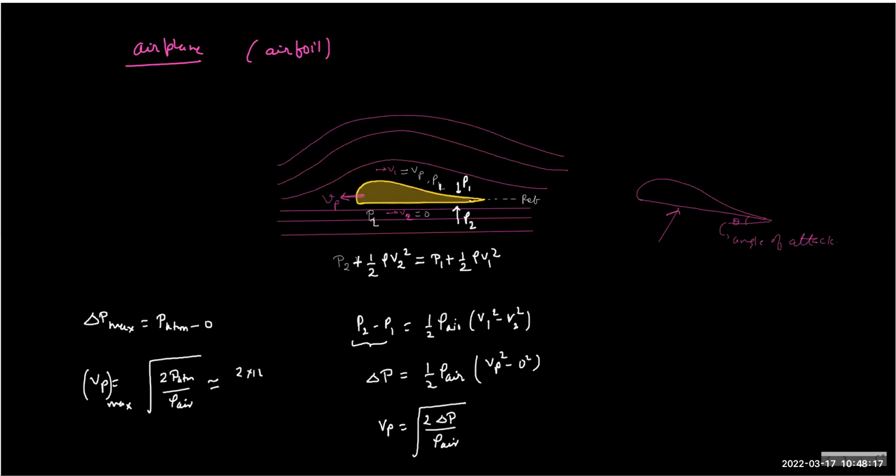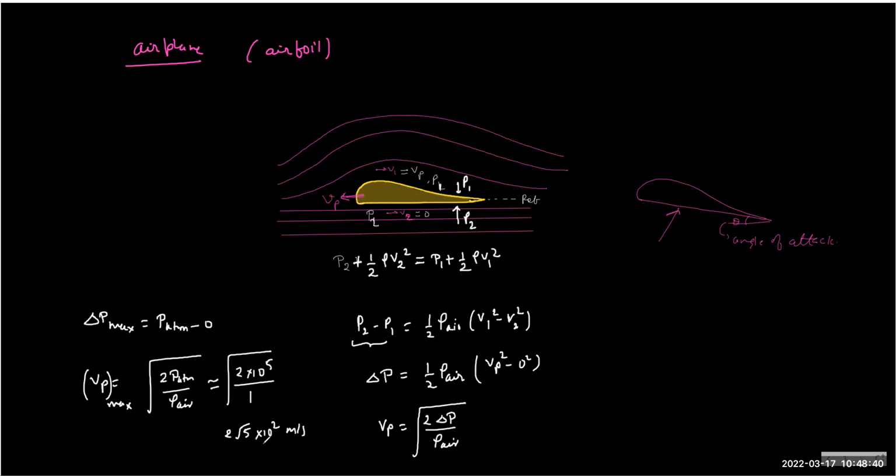This is 2 into 10 power 5 upon the density of air, which is 1. So this is root of 20 into 10 power 4, which is 2 root 5 into 10 power 2 meter per second.